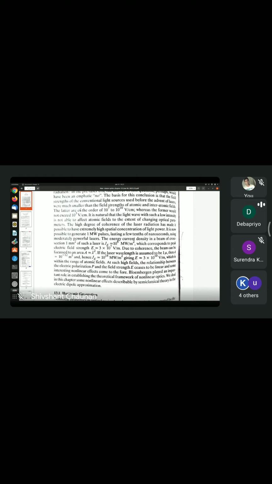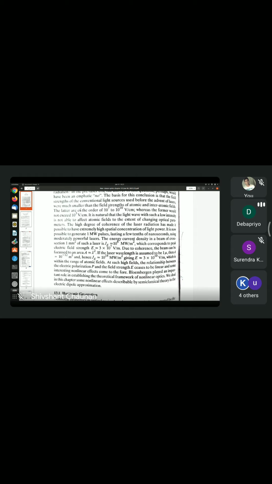Then what is the intensity? The intensity of the beam is 10 to the power 6, that is 1 megawatt, divided by the area 1 millimeter square, that means 10 to the power minus 6 meter square. So the intensity of the beam is 10 to the power 12 watt per meter square.